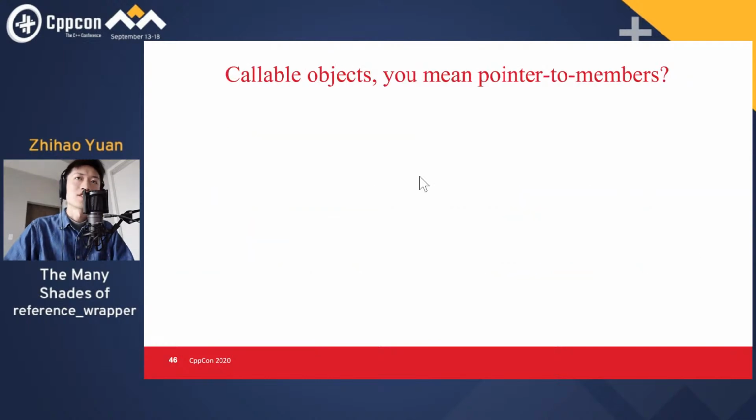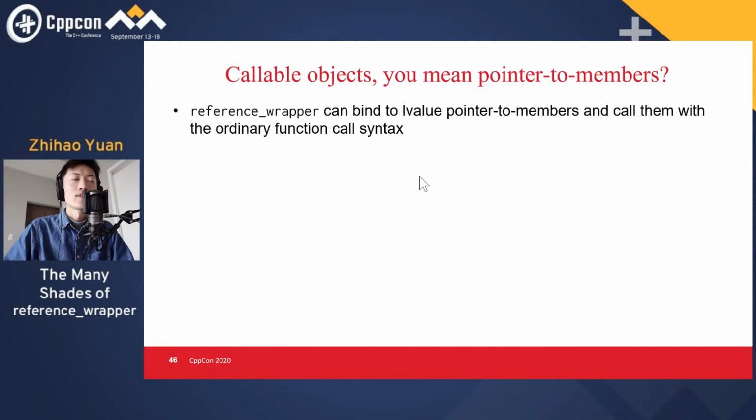So callable objects, do you mean pointer to members? Well, yes and no. Reference wrapper can bind to L-value pointer to members and call them with the ordinary function call syntax. But if you recall what pointer to members are, they are usually PR values. When we are saying reference wrapper models after reference to functions, we mean that it can point to functions.